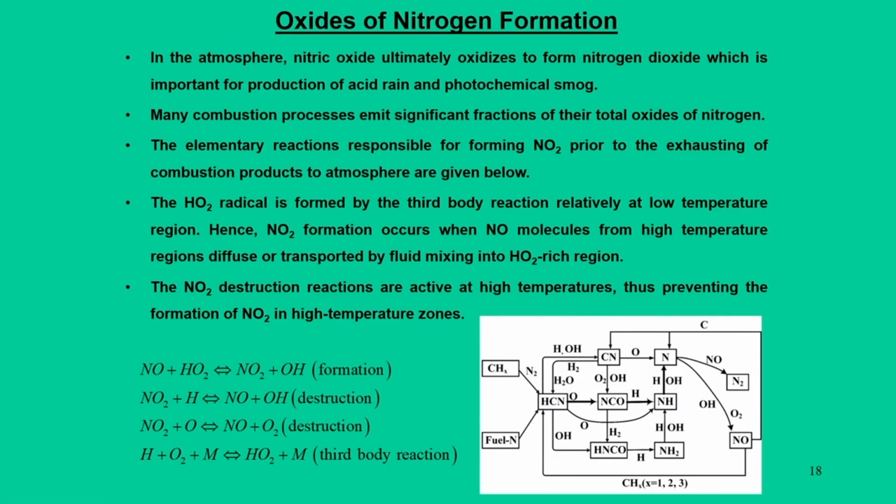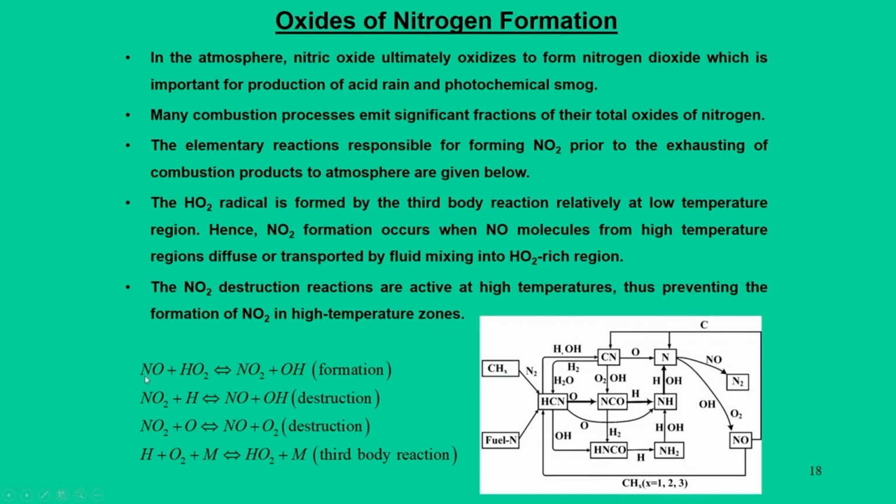To give further emphasis on how NO formation affects atmospheric situations, in the atmosphere nitric oxide ultimately oxidizes to form nitrogen dioxide, which is important in the production of acid rain and photochemical smog.